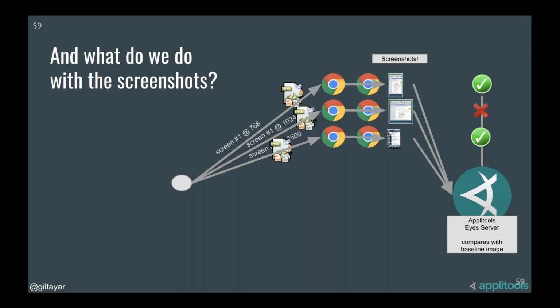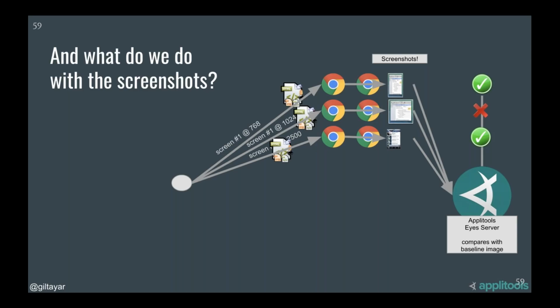It's basically looking at the pages not as a computer would, pixel by pixel, but rather as a human would, ignoring the little anti-aliasing differences and one pixel little things. It knows how to compare those in the correct way. And then it can give the results. This screenshot is fine, this screenshot has a difference, and this screenshot is also fine.